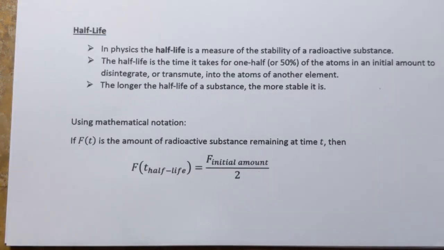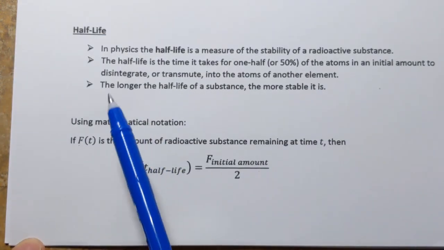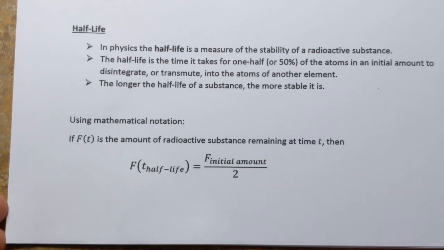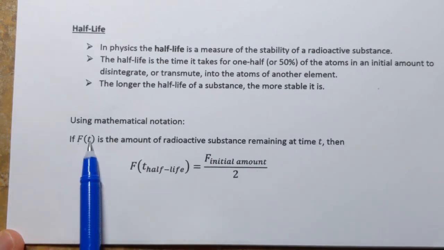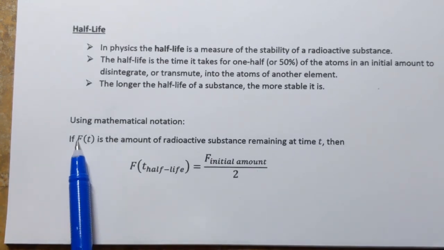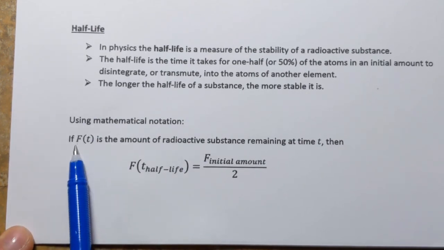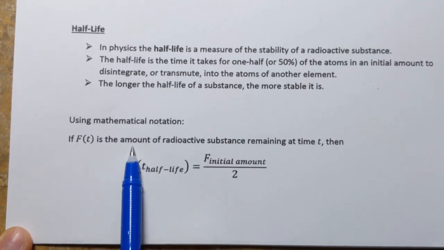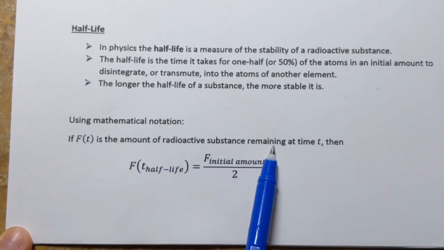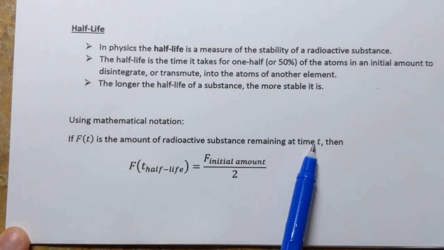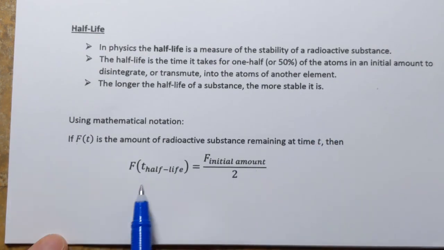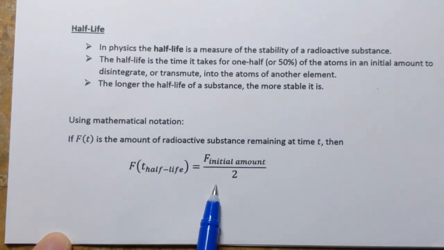Now let's try to describe that using mathematical notation. If we continue using function f, by the way, you can rename that function. For a specific example, you can use different letters. If function f represents the amount of radioactive substance remaining at time t, then using the half-life idea, we can put together this equation.